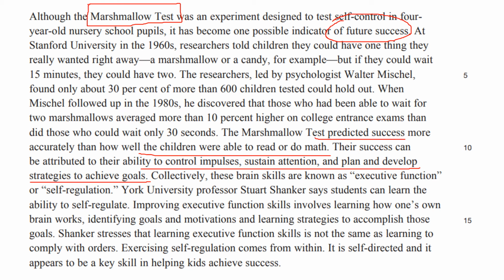A specific detail that supports that is that the marshmallow test showed that children who were able to control their impulses and pay attention were much more successful in the future. Something like that. Obviously, you would like it to be a little bit better as it was written out and you looked at your answer, but that shows you how you can come up with that answer, using that topic sentence and then finding a specific detail somewhere in there that supports your main idea.